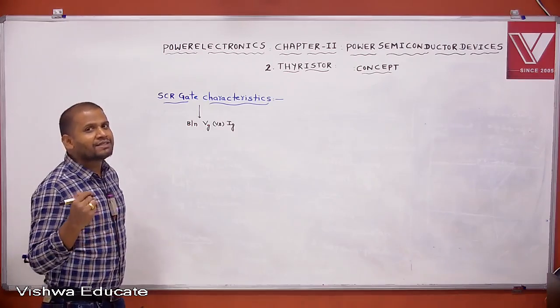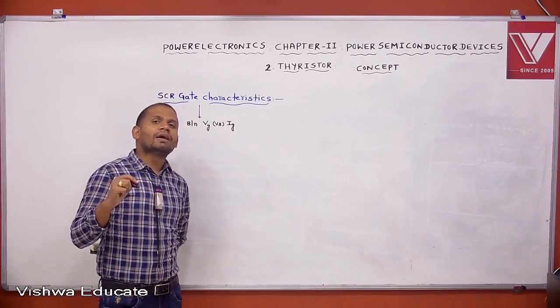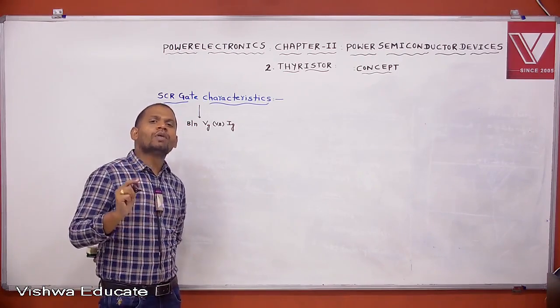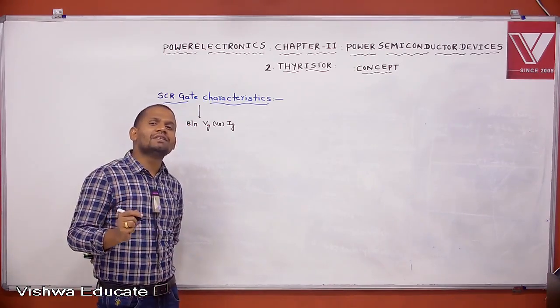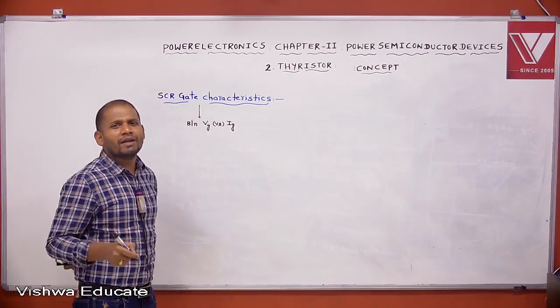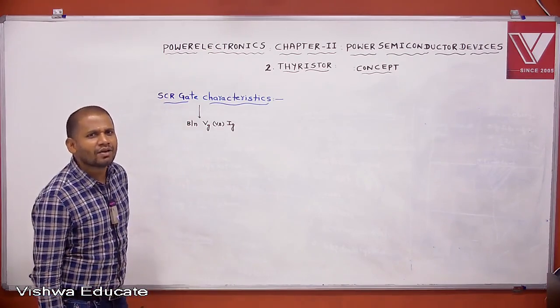Turn off characteristics explain how the current through the SCR is changing from rated to 0, and how the voltage across the SCR is changing from on-state voltage to forward. All these are explained by dynamic characteristics, that is, turn on and turn off characteristics.